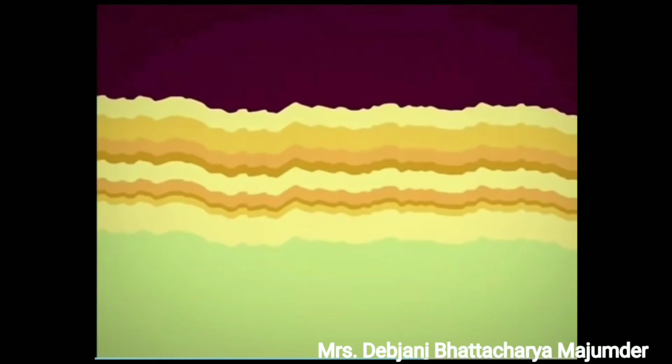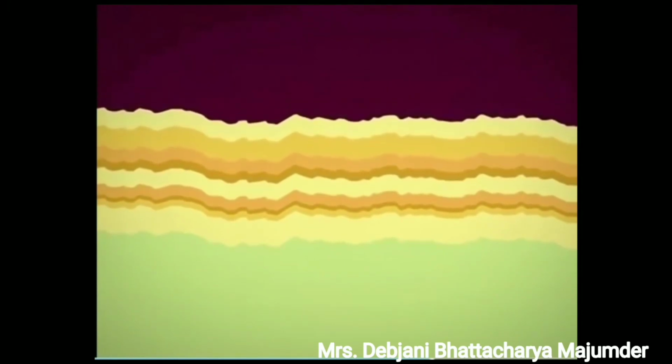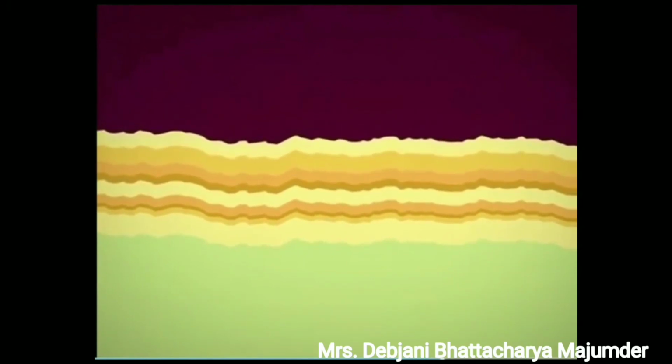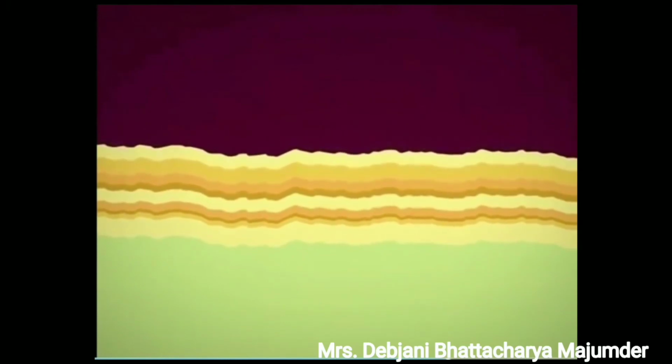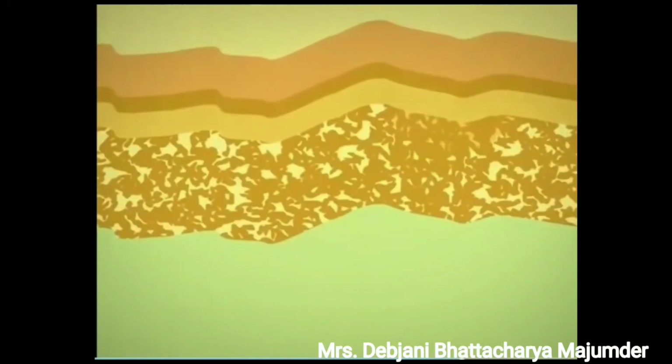Over millions of years, the weight of the upper layers gives pressure and compresses the lower layers. For that, these become hardened and turn into rock, and this process is called compaction.